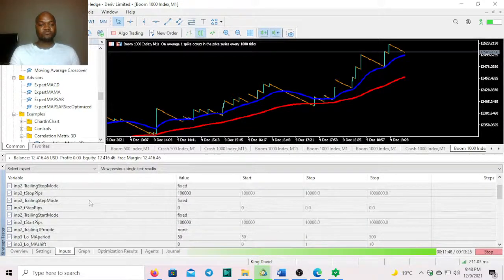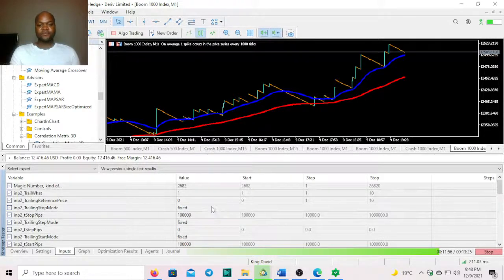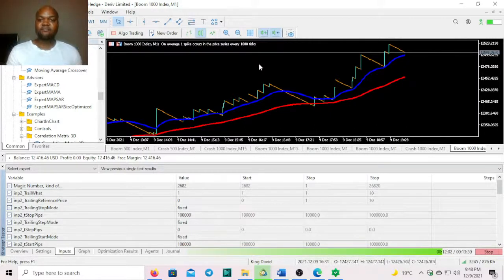There is the trailing stop and the lot sizes. You can also adjust those. It's an amazing bot. I come up with trading strategies, and I design the trading robots that will execute those strategies.